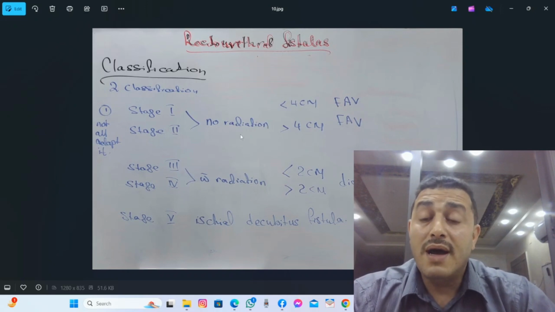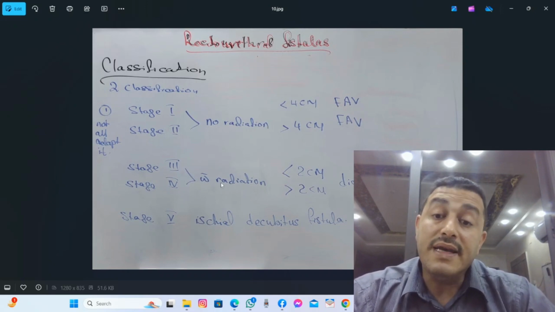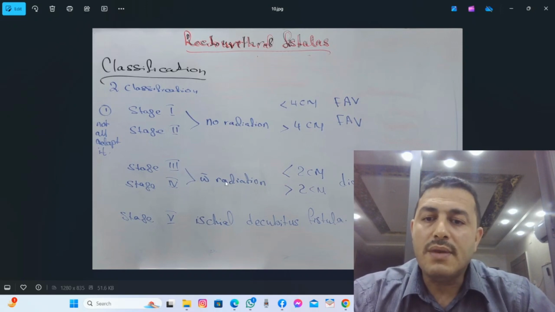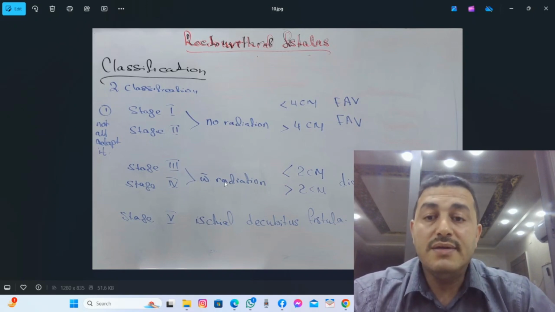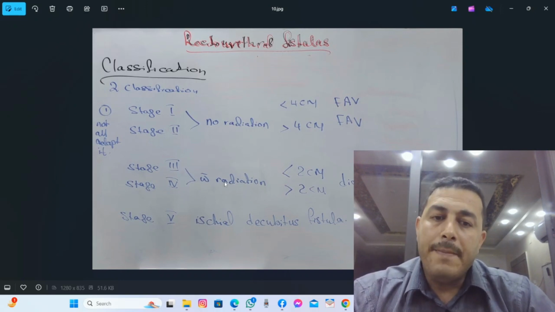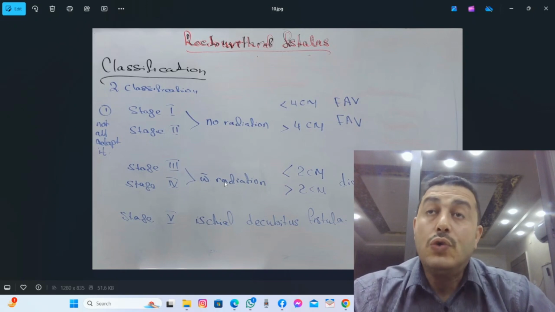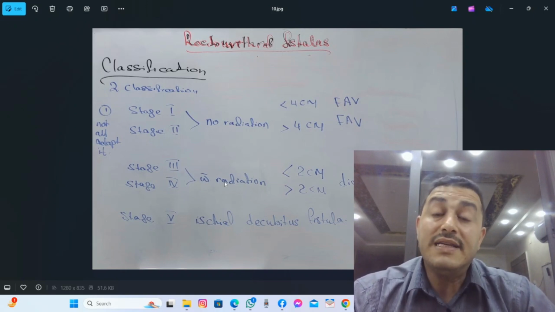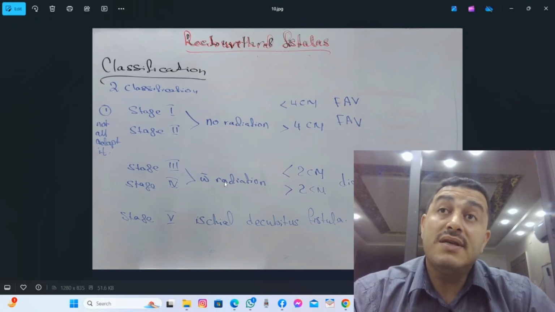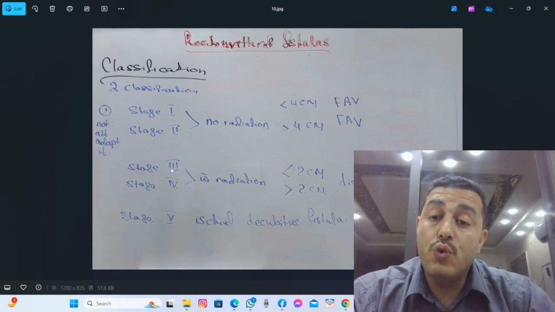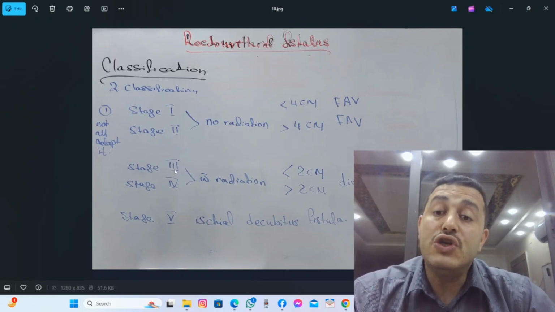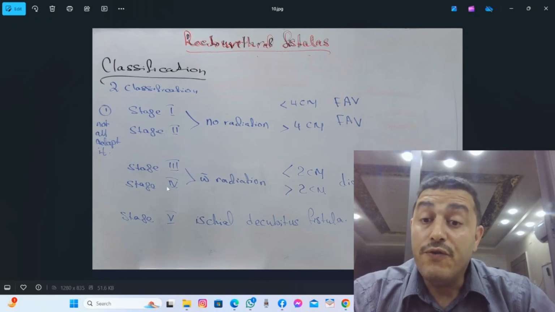If you are talking about a patient who received radiation, we move to stage 3 directly. And here it is not the location or the distance from the anal verge, but the diameter of the fistula that differentiates stage 3 from stage 4.